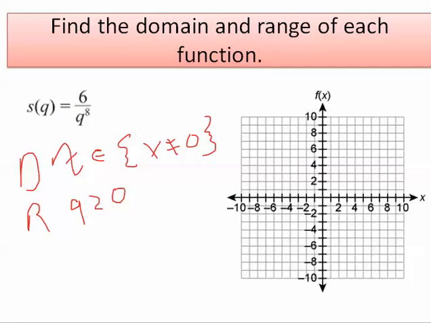But that's just a greater than sign. Q has to be greater than 0. My range will always be positive. Okay? Does everyone understand that? I hope so, because I had an even value here. That's how I knew what my range would do.